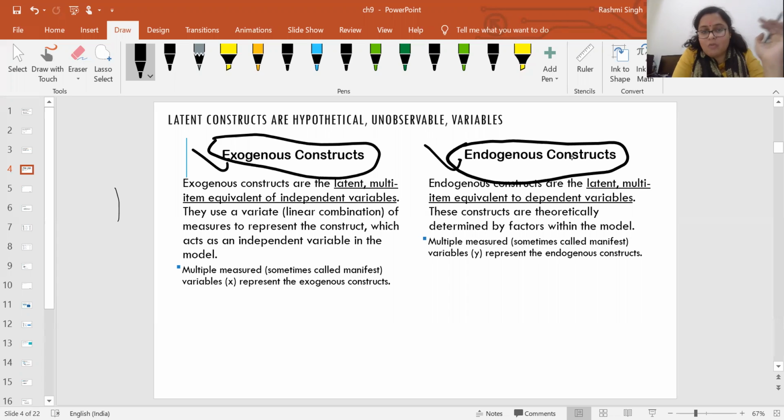Now the question is, what is the meaning of this term latent? What is the meaning of this term latent? So latent basically means something hidden, that is, a variable that you cannot measure directly. So that's why this variable is known as latent.